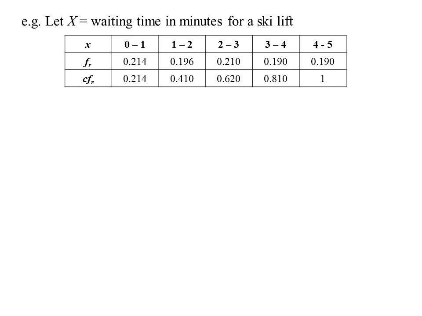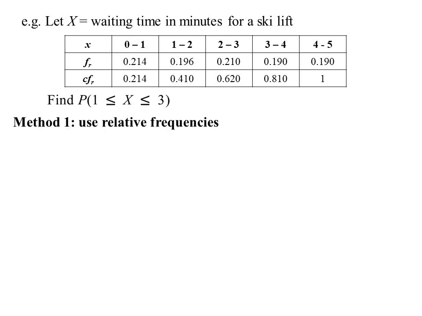Now, if I wanted to know the probability that I wait somewhere between 1 and 3 minutes, this I could work out. I could use those relative frequencies and say, well, all right, it must be 0.196 plus 0.210. That would cover all of the ones going from 1 to 3. To 0.406. I could do it that way.